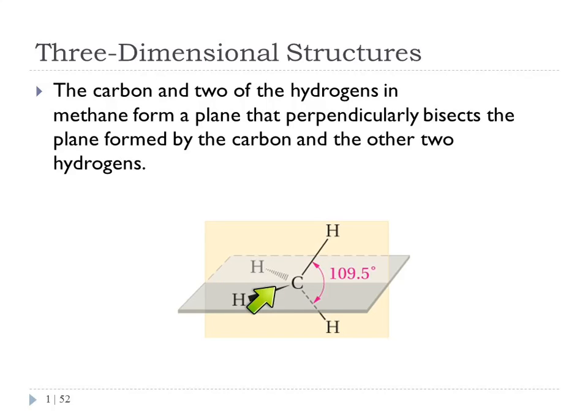It's perpendicular. So the carbon and 2 of the hydrogens form a plane that perpendicularly bisects the angle formed by the other. That may or may not be helpful to you. The angle that they form is 109.5.